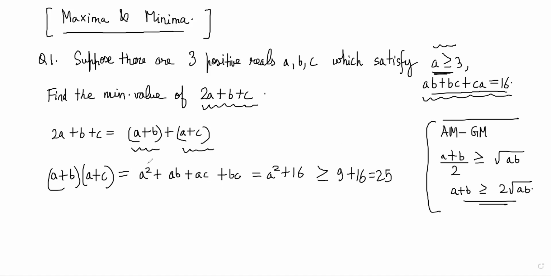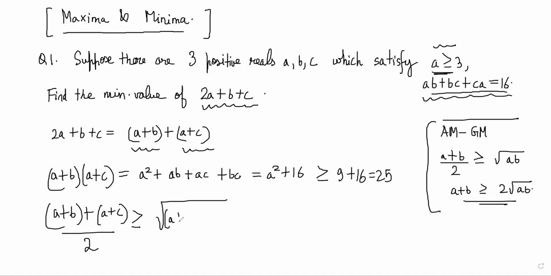So we can immediately now solve the question because we can say that (A plus B plus A plus C) by 2 should be greater than or equal to root of (A plus B)(A plus C), which is greater than or equal to root 25.